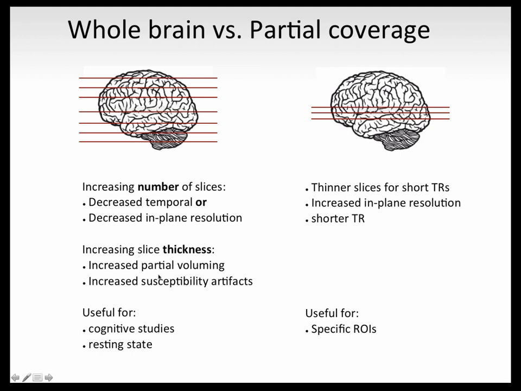That means you're averaging over white and gray matter, or CSF, and that may not be something you're interested in. But a lot of people go for whole brain coverage because they're interested in cognitive studies where they might not know what part of the brain is active. If they decide they're only interested in the visual area or the motor cortex, they might just get one or two slices.